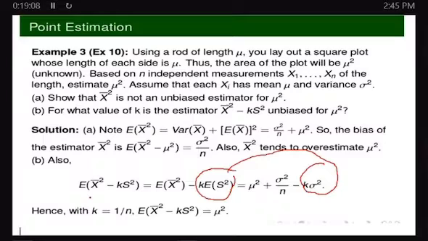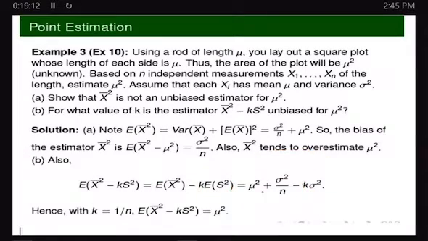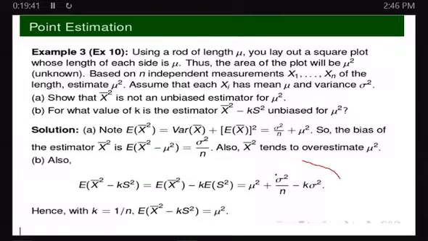Now let me tell you this. A situation where I'm expecting, which means I'm going to equate this guy to something. If I really want to determine the value of k, can somebody tell me, what am I going to equate that guy to?